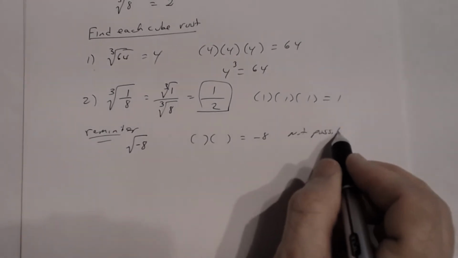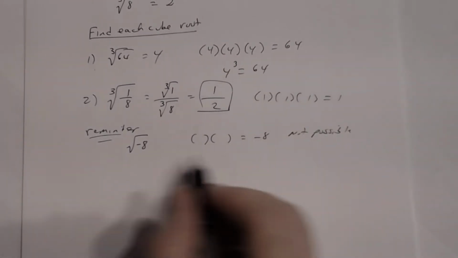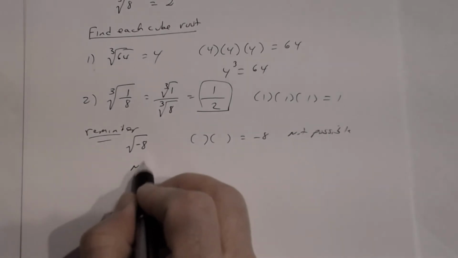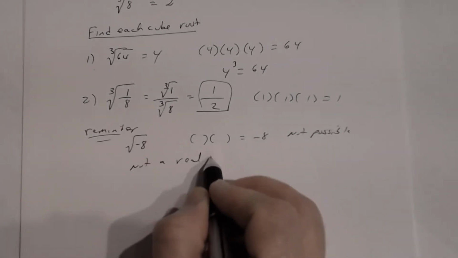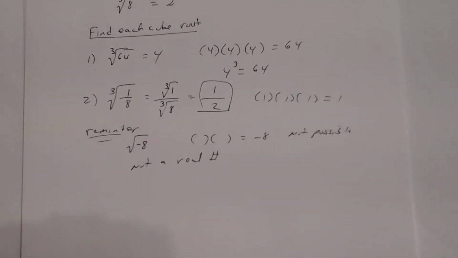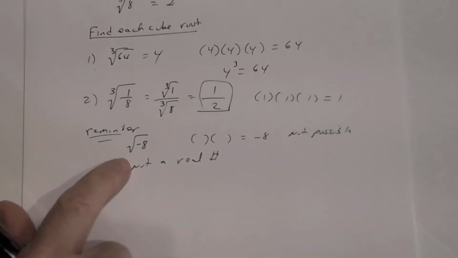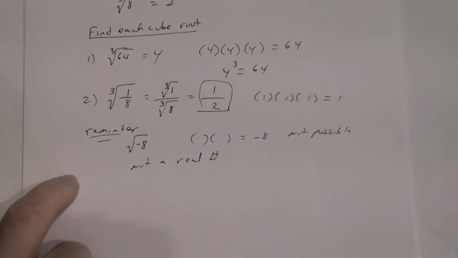That was no real number, and we're talking about real numbers here. So we saw that the square root of a negative number will never be a real number. I did mention that very soon we're going to look at imaginary numbers, and that's where the symbol i, which you may remember, will come into play.